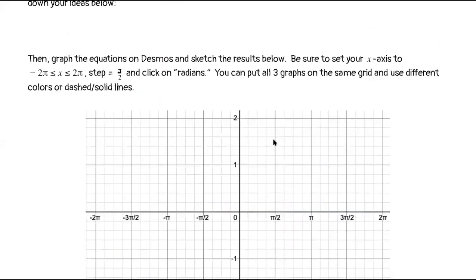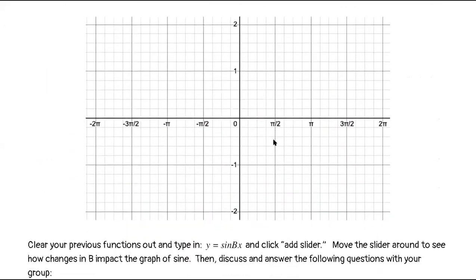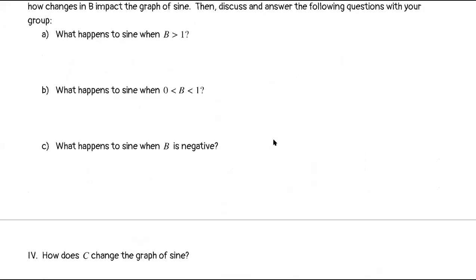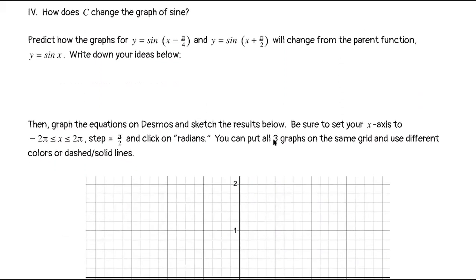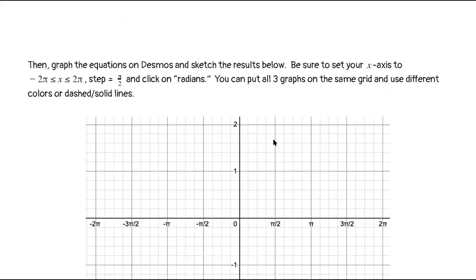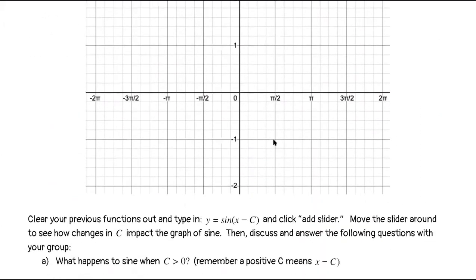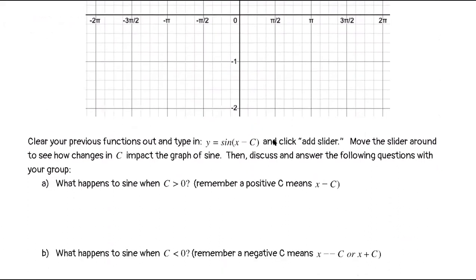And you're going to take some time to explore those. There'll be some questions for you to answer, but very similar. You're going to look at another number in a different place, and what does that do? And same thing, graphing everything, sketching whatever comes up on Desmos, okay?